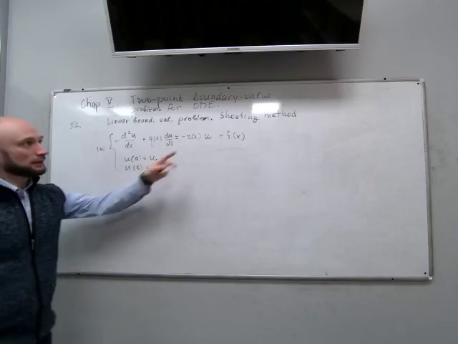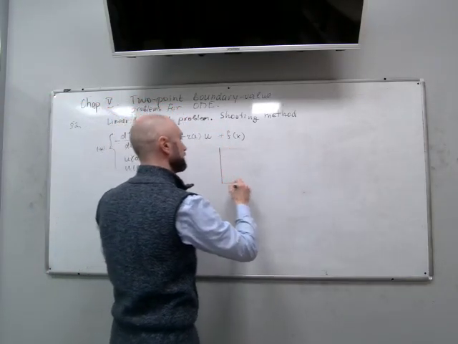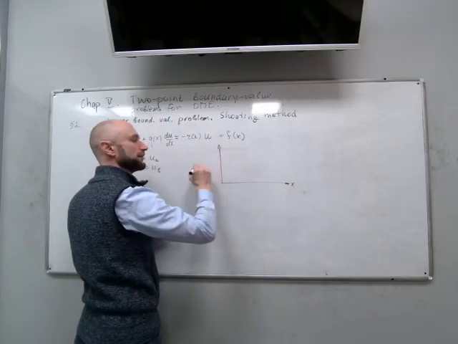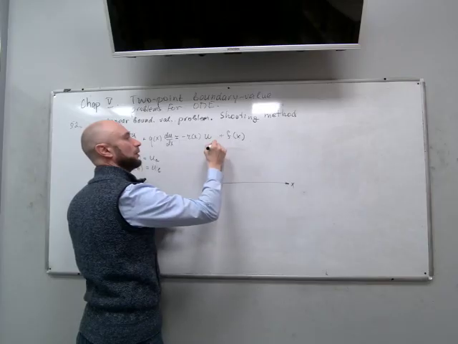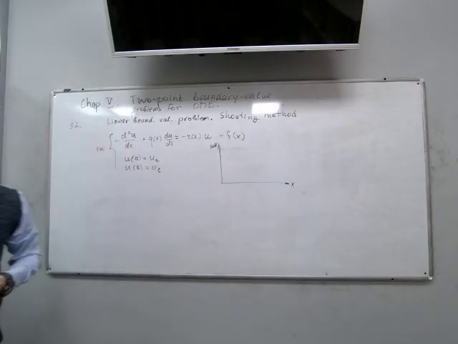The idea of this shooting method is to replace the solution of the boundary value problem with the solution of several Cauchy problems.